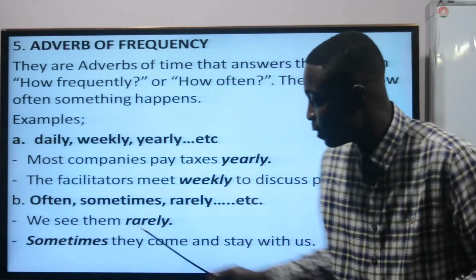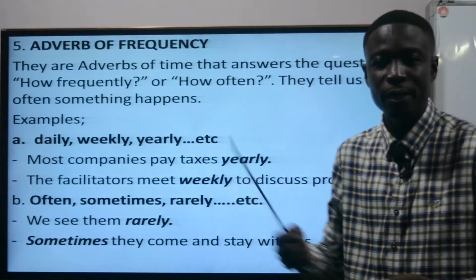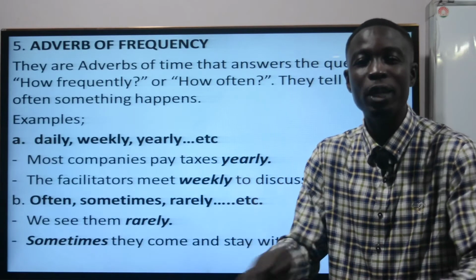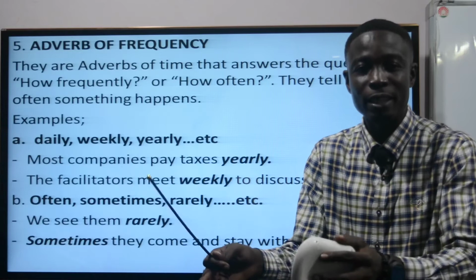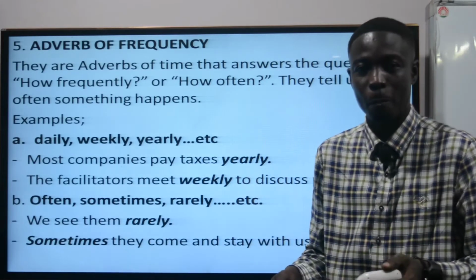But when you look at this, we see them rarely. How often do we see them? Rarely. It doesn't usually happen. We don't even know the exact frequency at which we see them.